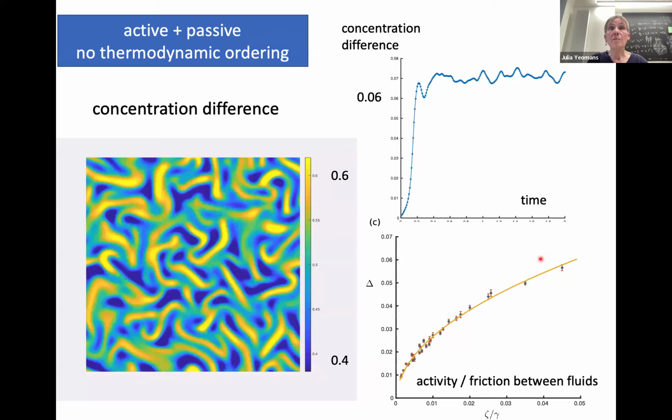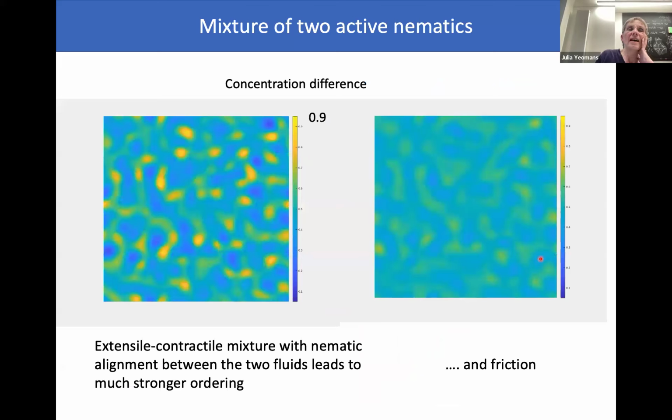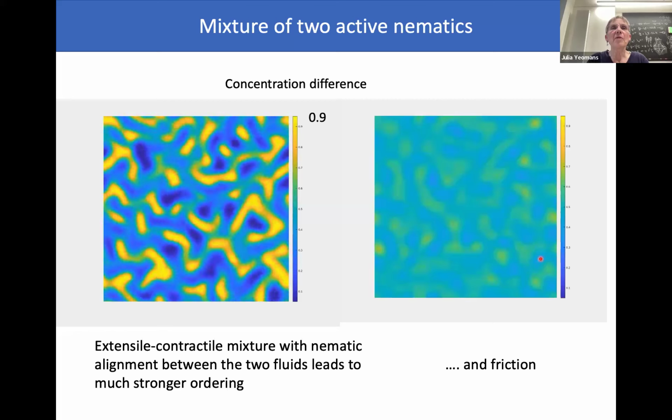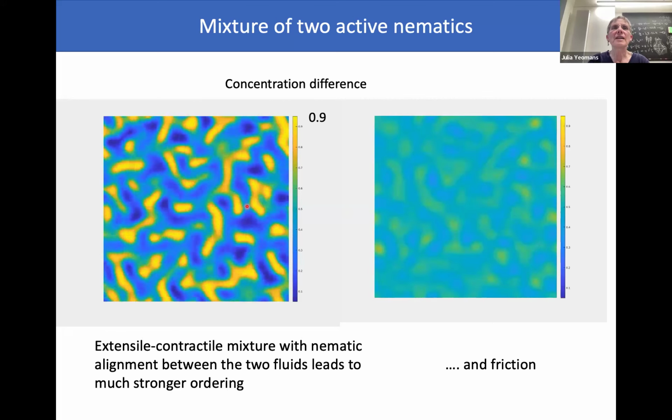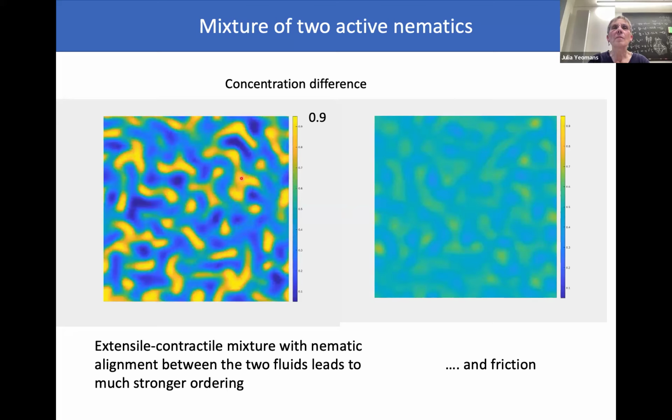If instead of mixing an active and a passive system, we mixed an active extensile and an active contractile system, then again you get this separation, but it's much, much stronger. Essentially, it's all extensile here and all contractile there.